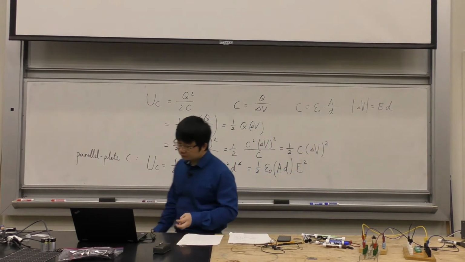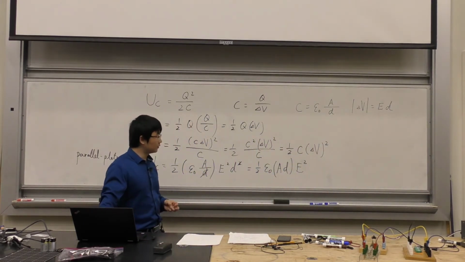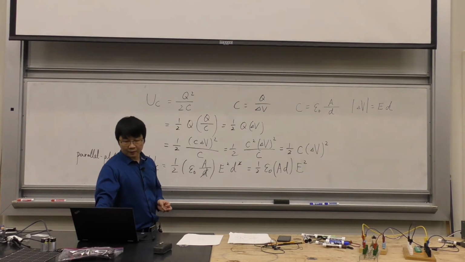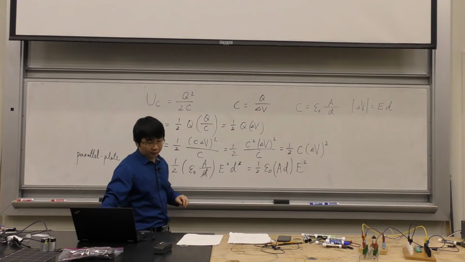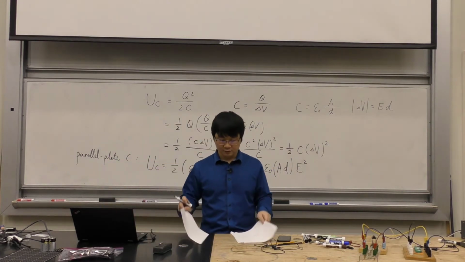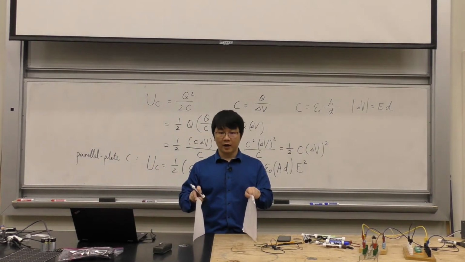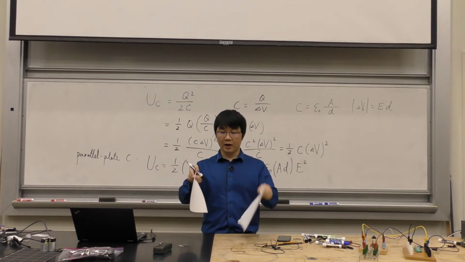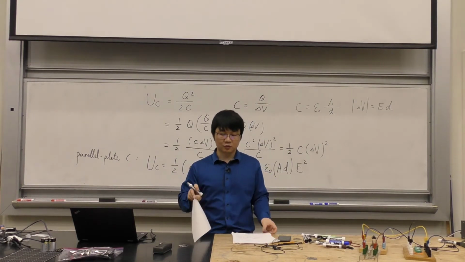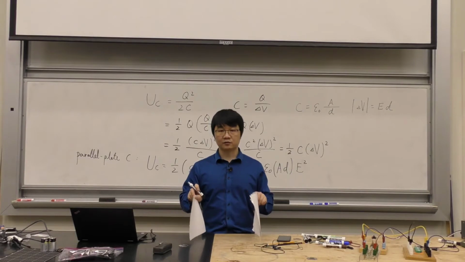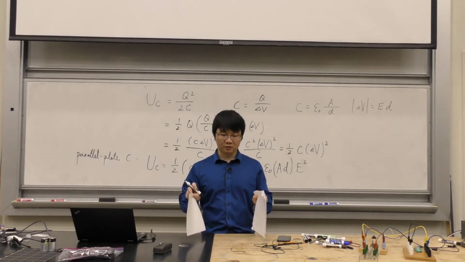Why do I put A and D together? Because if you realize that I have two parallel plates, and I do A times D, A is this area, D is the distance between them, I actually just get the volume, the space between them.